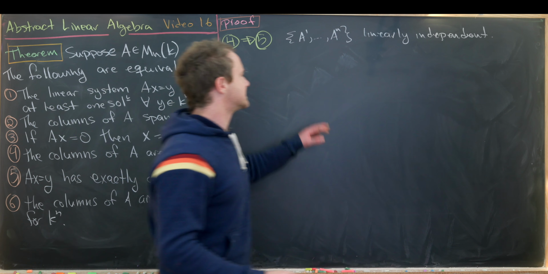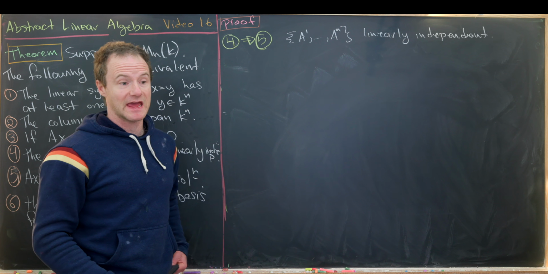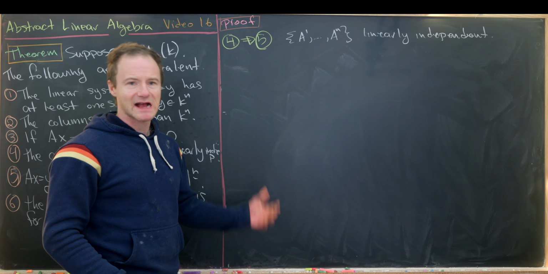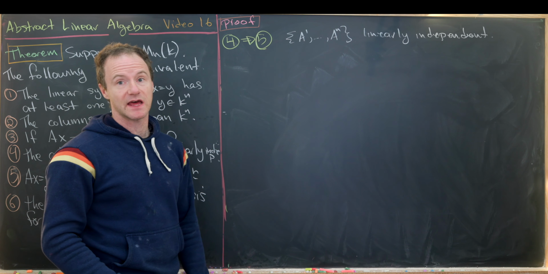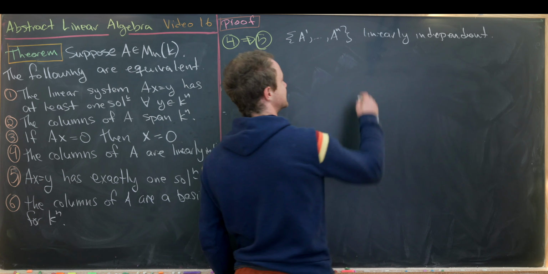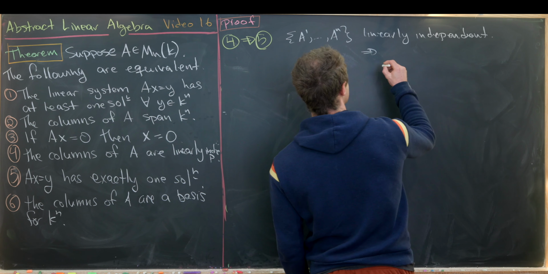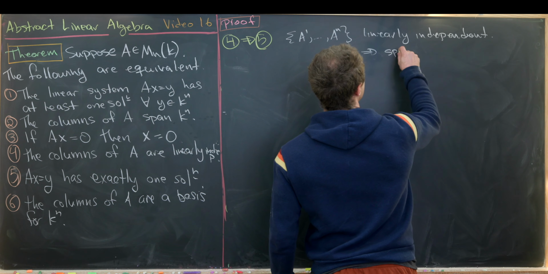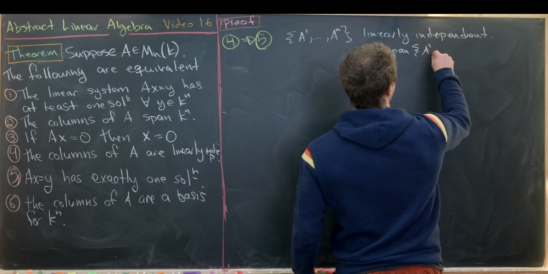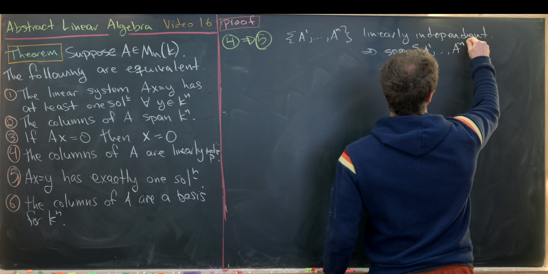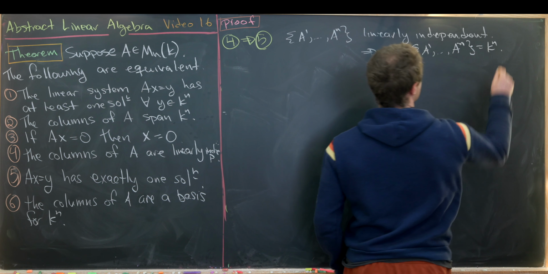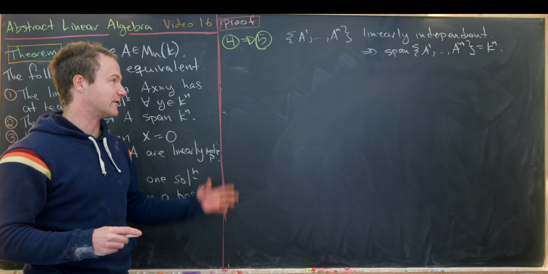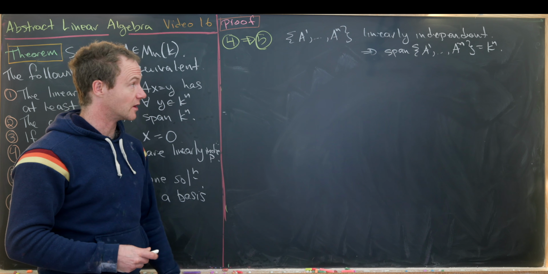Another thing we notice is that these are n vectors from Kn, and so that's a maximally linearly independent set, which means it's a basis. But if it's a basis, then it spans Kn. So we have the span of a1 up to an equals Kn. We proved why these kinds of arguments work several videos ago.